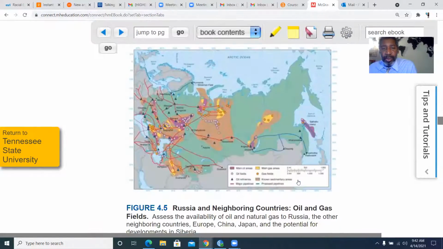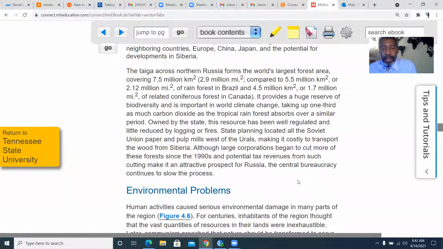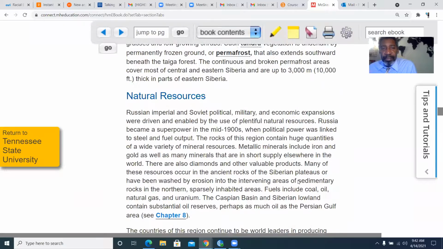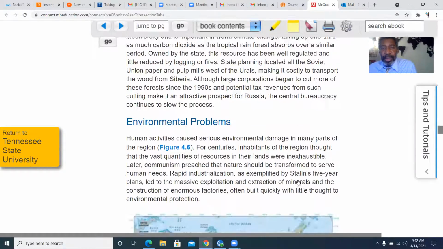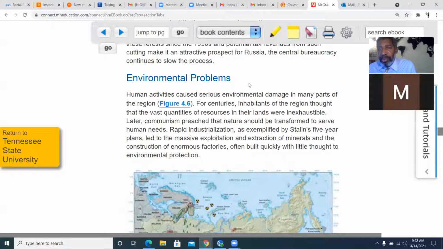So we're going to begin looking at the natural resources section under environmental problems. That's where we're going to begin today.